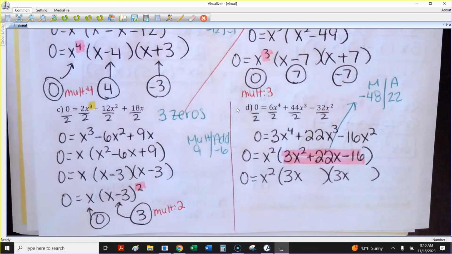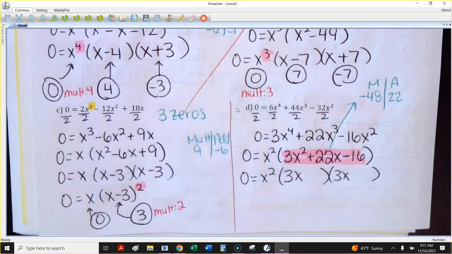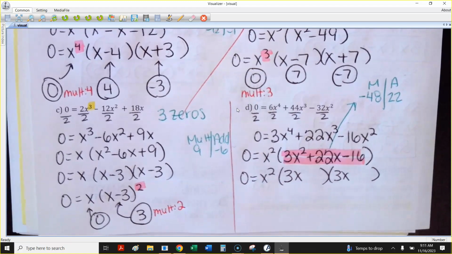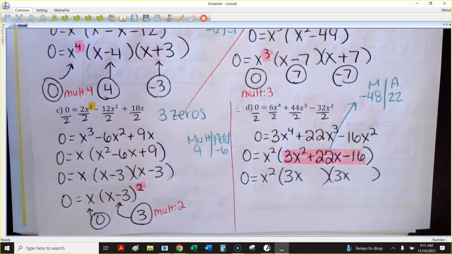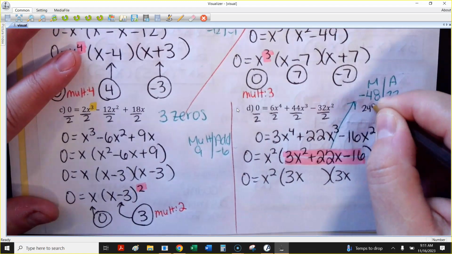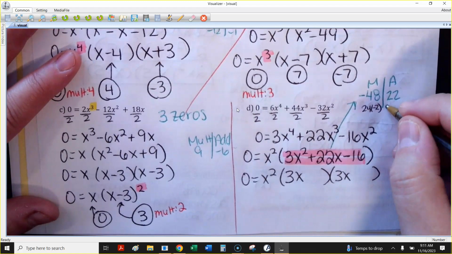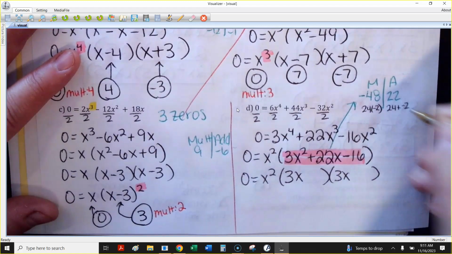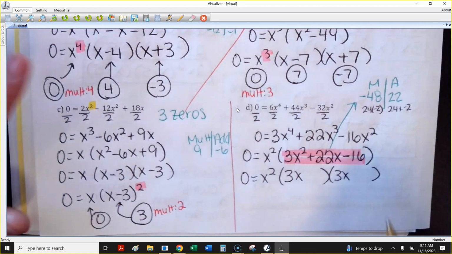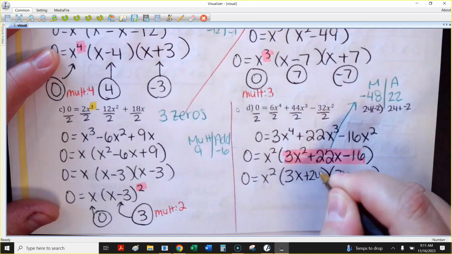Can you guys think of two numbers when you multiply them, one has to be negative, one has to be positive, negative 48, but they add up to 22. Perfect. Okay, so if you do 24 times negative 2, that's negative 48. 24 plus negative 2, that's the 22. Okay, so make one of them plus 24, one of them a minus 2.